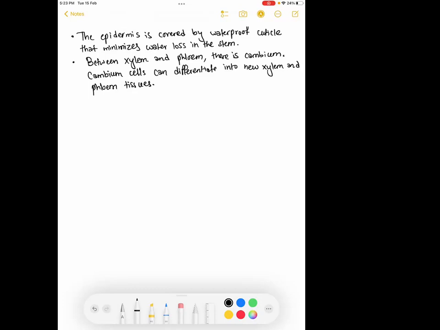They can form new xylem vessels or phloem vessels. It really matters what the plant needs.